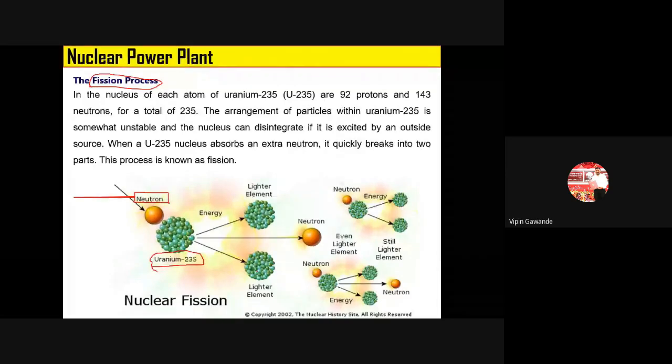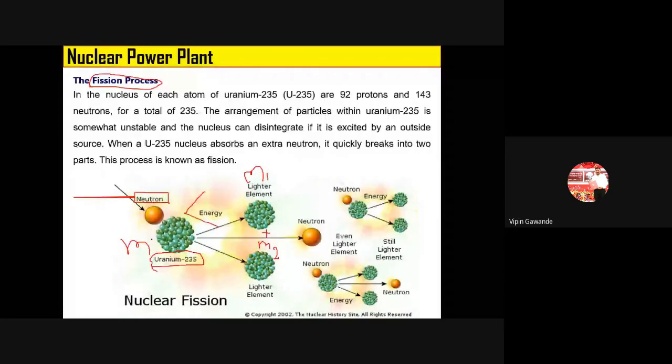If we calculate the masses of these lighter elements, m1 and m2, and the original mass m, we find that m1 plus m2 is less than m. That means some amount of mass gets lost.